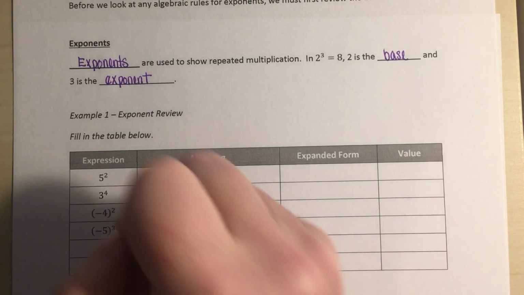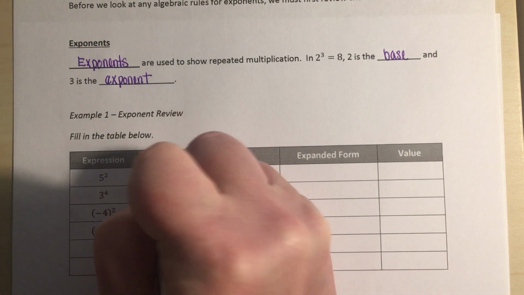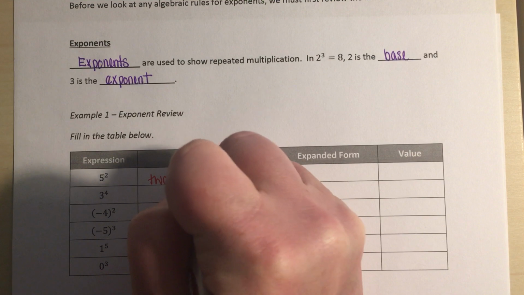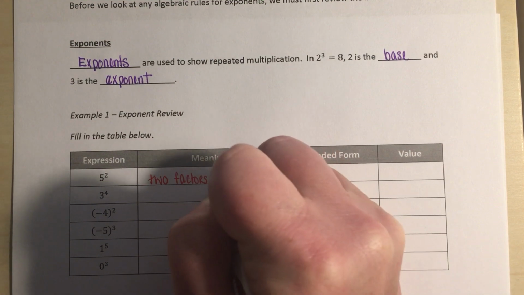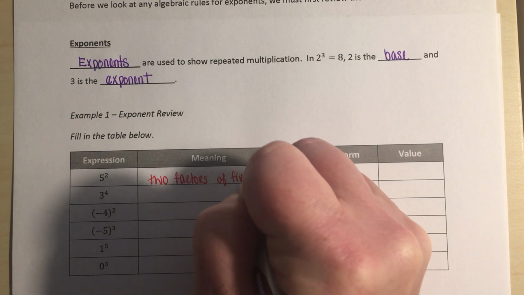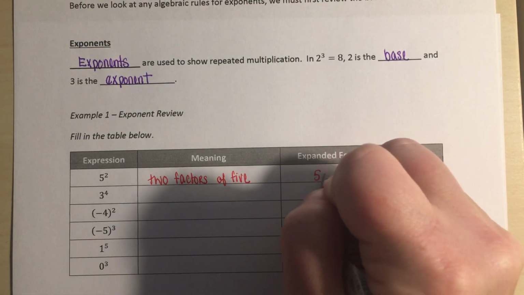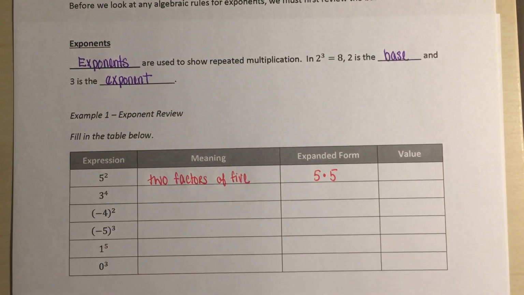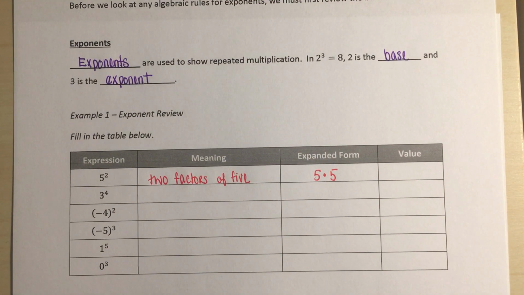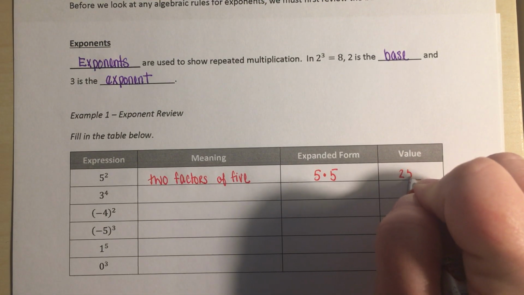What this means is that we have 2 factors of the number 5. Right, 2 is our exponent, 5 is our base. If we write this in expanded form, we are writing 5 times 5. And our expanded form is our exponential expression written as a product. And then our value, if we multiply, 5 times 5 gives us 25.